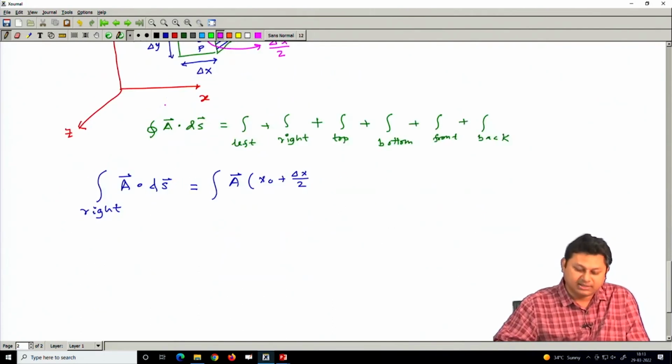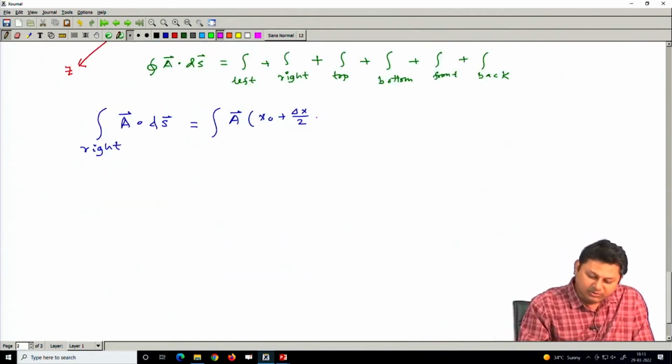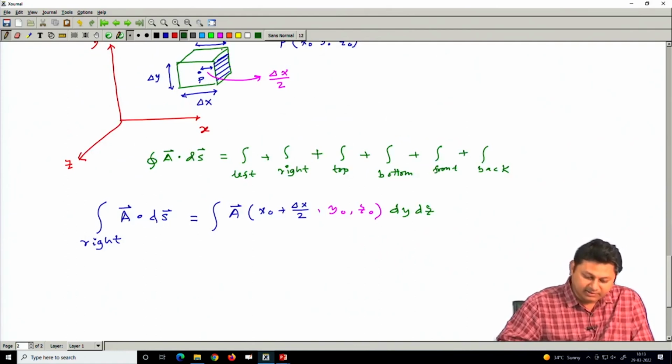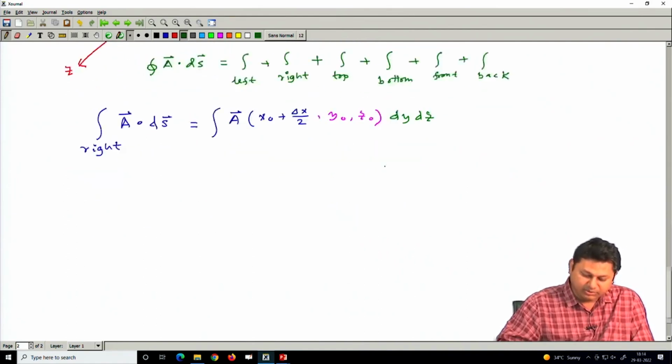If you add, you will find delta x. And we also have the other dependency, y 0 and z 0, which is there. And then ds is simply dy dz, because this is the surface where the elements are dz and dy.